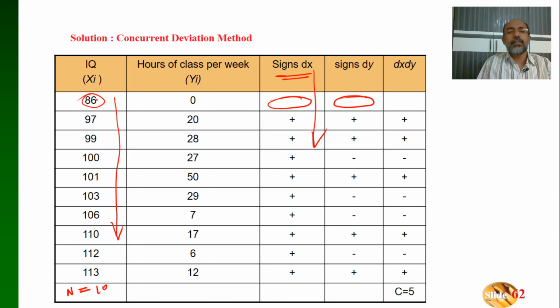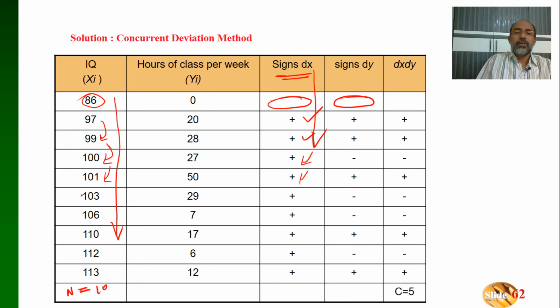So 86 to 97, plus value. 97 to 99, plus. 99 to 100, plus. 100 to 101, plus.